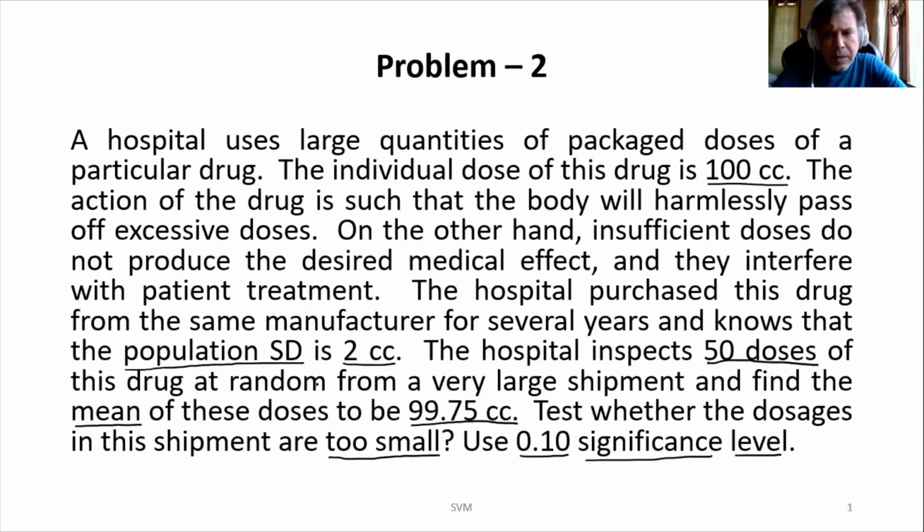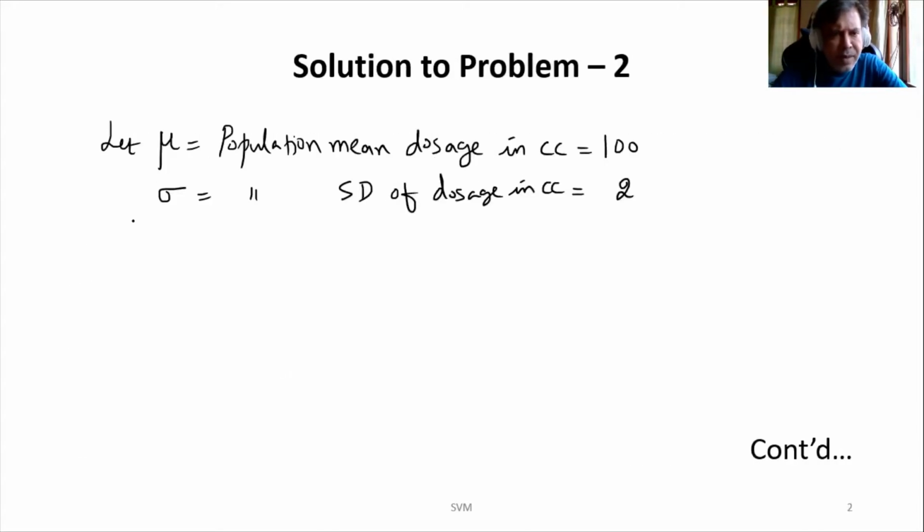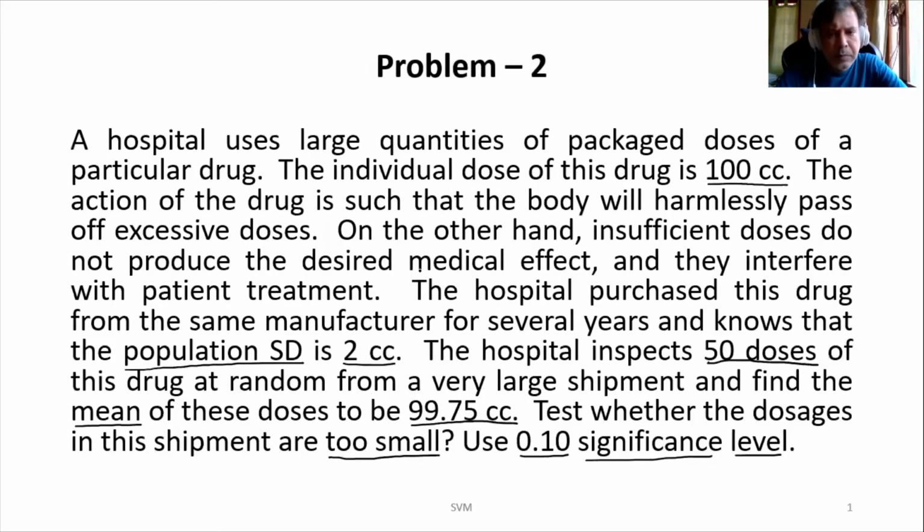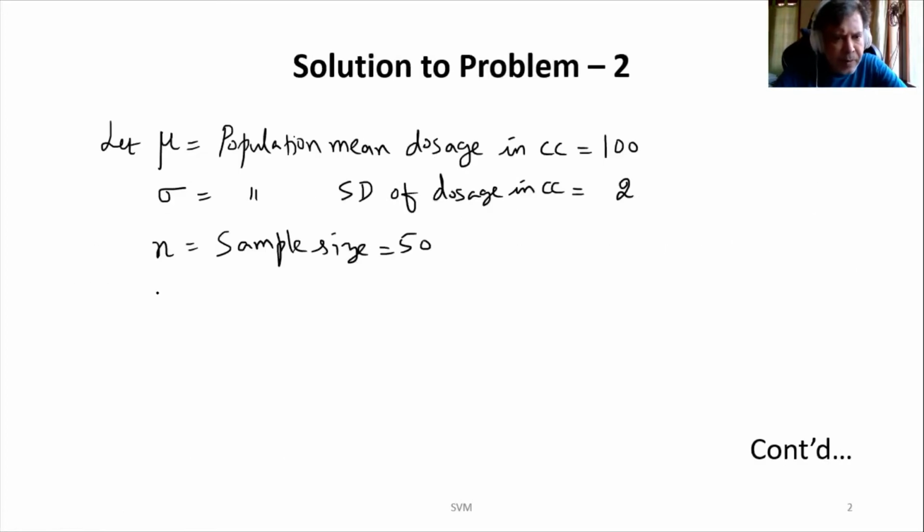The hospital inspects 50 doses, meaning the sample size, denoted by small n, is known to be 50. Then the sample mean, denoted by x bar, is calculated to be 99.75.